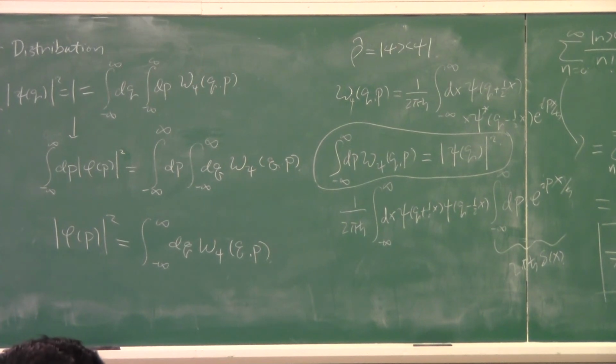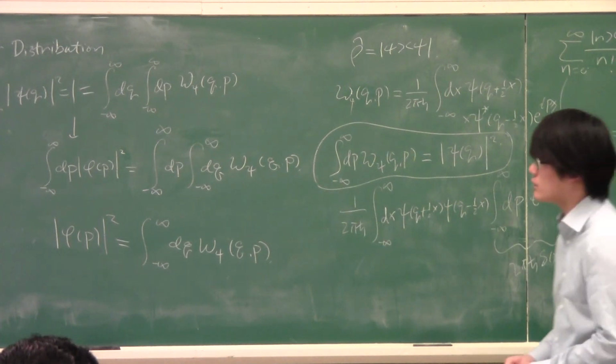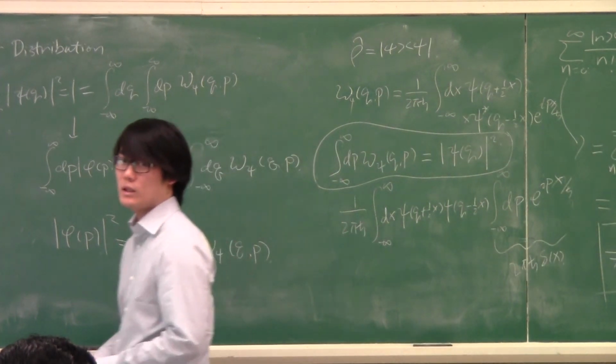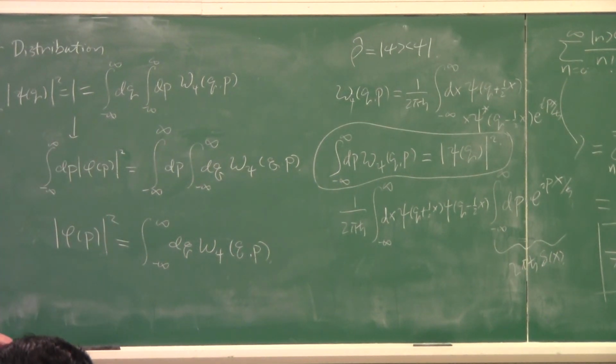No, right? Because there's the uncertainty principle, which forbids us to know both phi of p, the probability distribution function for this, and also psi of q. So we should not know these things simultaneously.